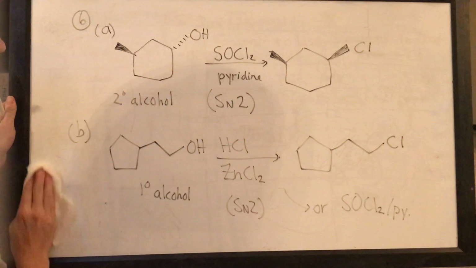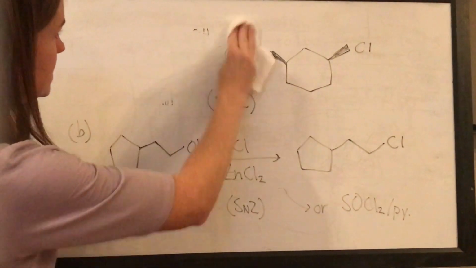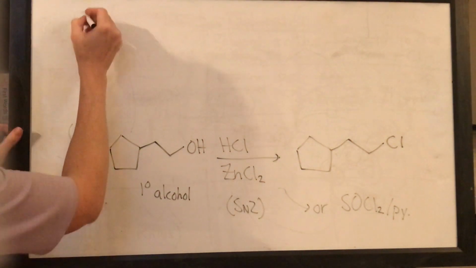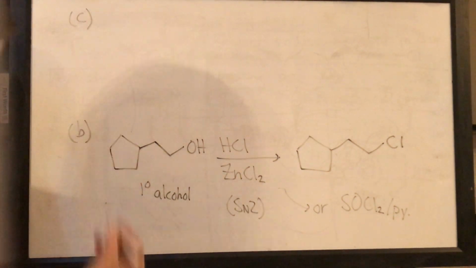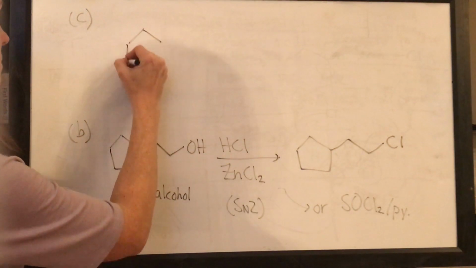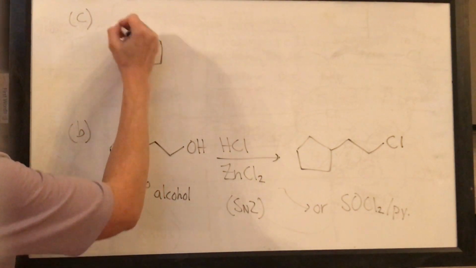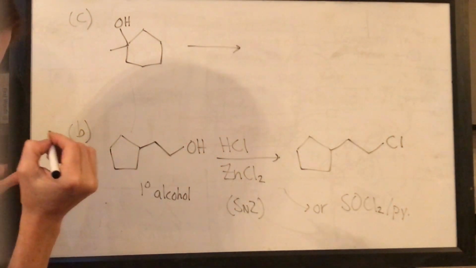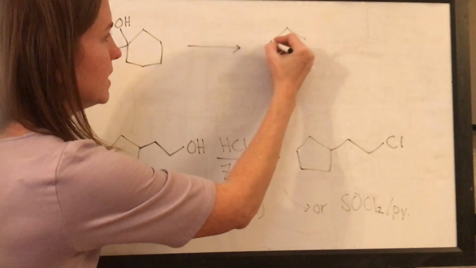Let's see, letter C. I'm going to raise A up here and put C in. So letter C. We are turning this tertiary alcohol into a tertiary bromide.